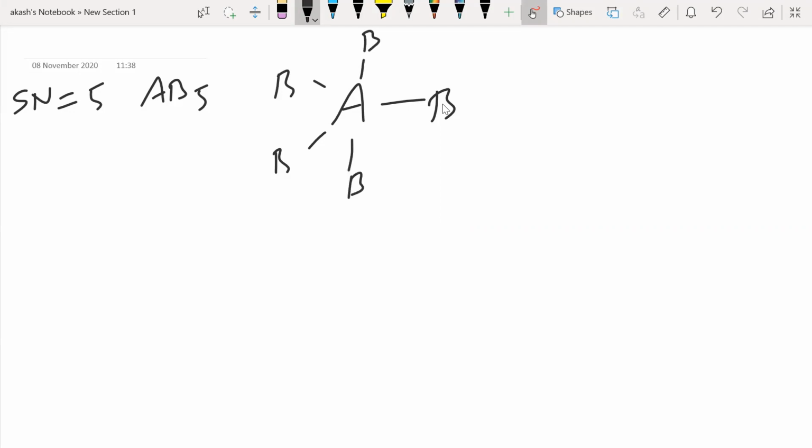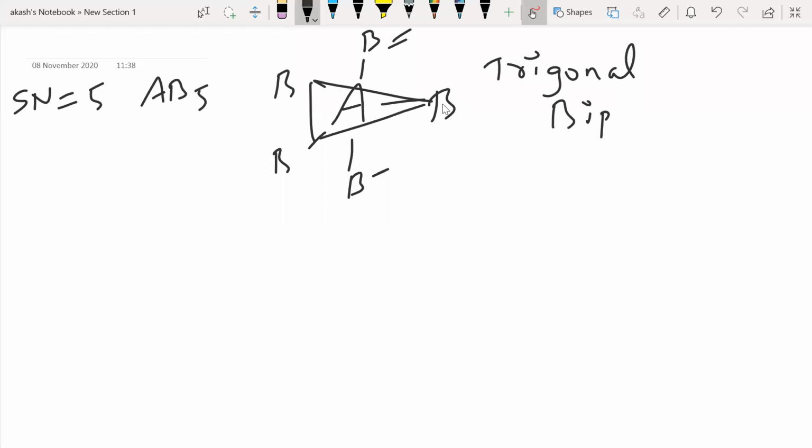If you look at the shape, this is trigonal. If these 2 are not there, I would say this is trigonal planar. Now these 2 are also there, so the shape or geometry here is going to be called trigonal bipyramidal.